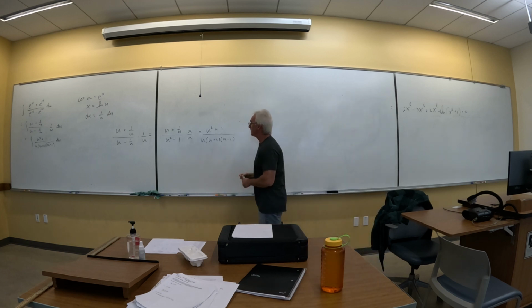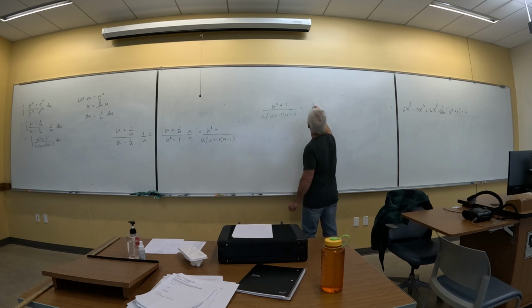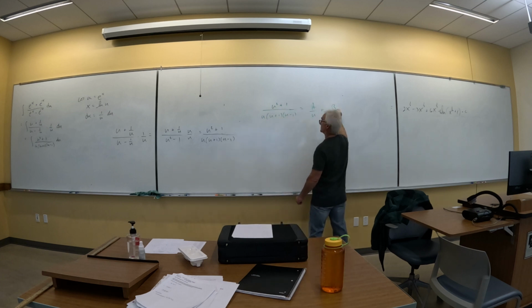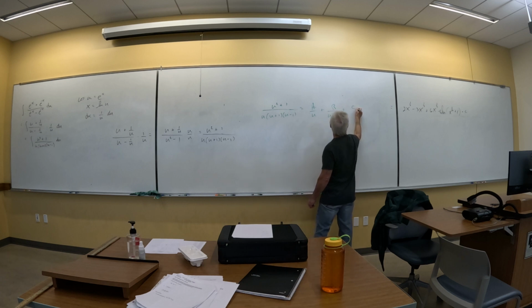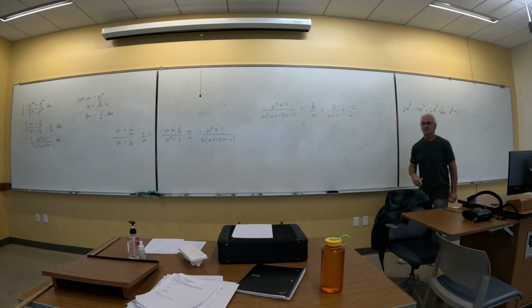Clearly with a different color. So I've got u squared plus 1 over u times (u plus 1)(u minus 1), and that's going to be a over u plus b over u plus 1 plus c over u minus 1.